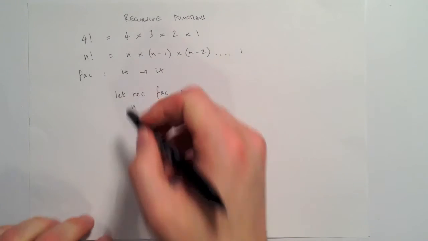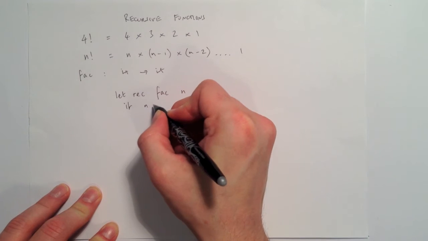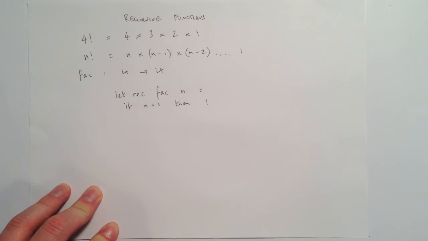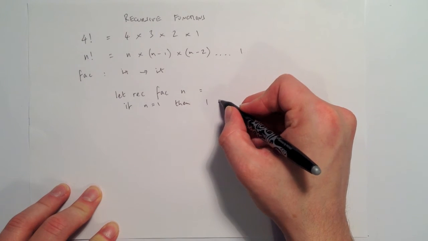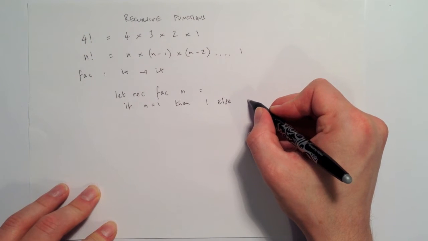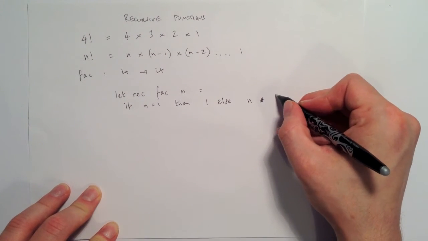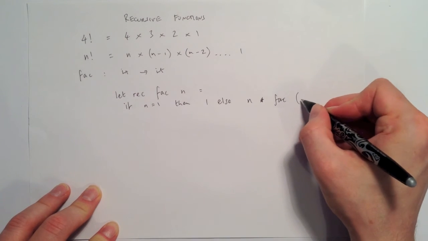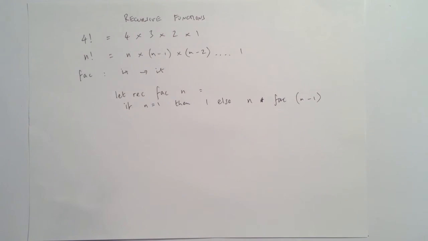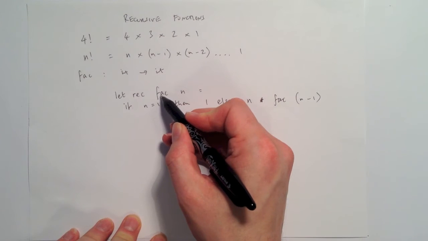So we better test for when to stop. So we'll say if n equals 1, then the answer is just 1, which is our base case. Otherwise, our answer is n times the factorial of n minus 1. So you can see here that in our expression, we're using ourselves.